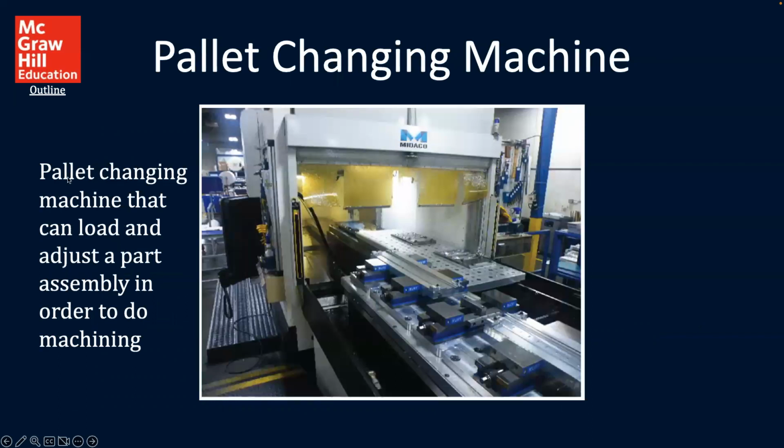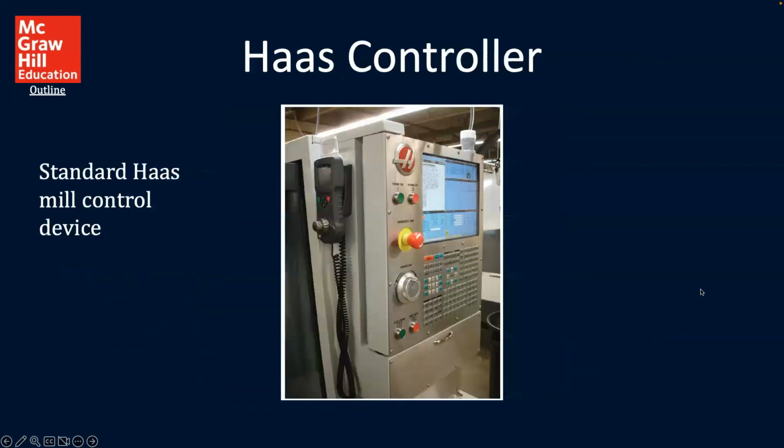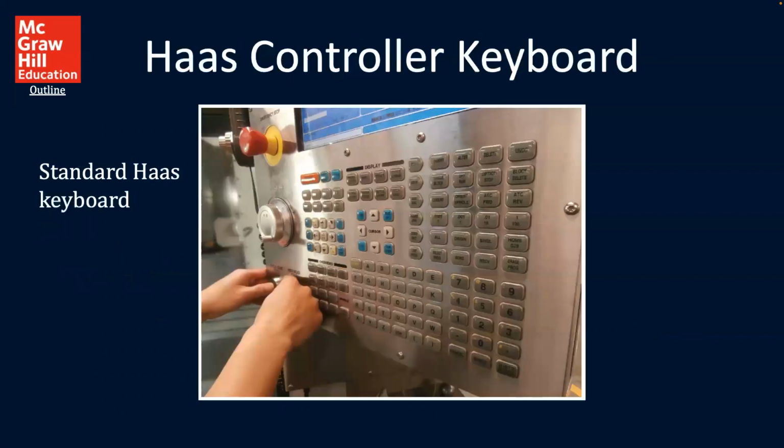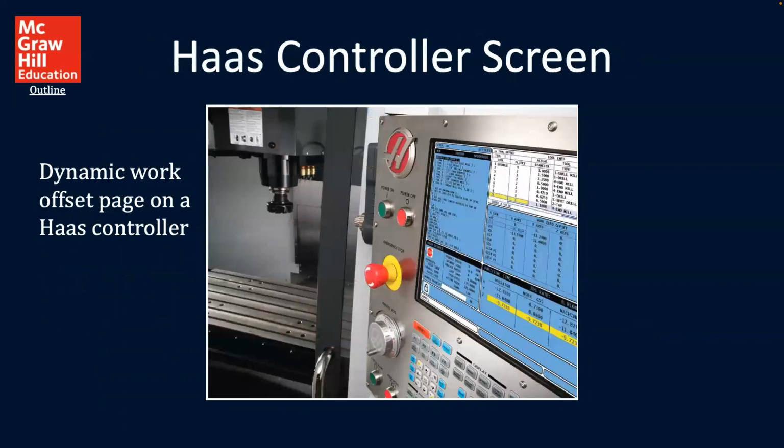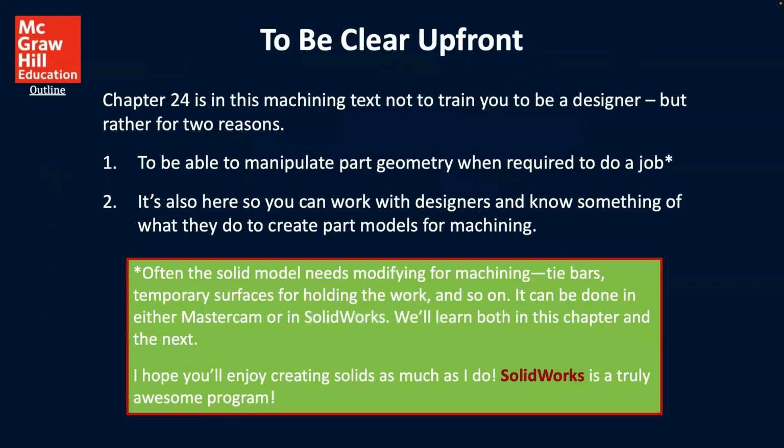We showed this at the very beginning, where you can have a pallet changing machine. Those are all possibilities. We have a standard Haas mill control device, and we got introduced to the controller interface that we have here for doing your programming. This is a close-in on the keyboard, another screen that's part of that Haas controller, and we briefly mentioned that before as well.